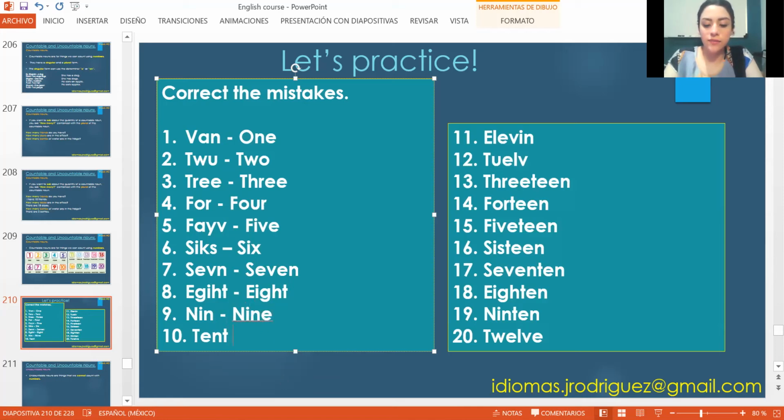Okay, next. Number 10. Not tent. 10. Okay, tent is like una casa de campaña, and 10 is the number. Tent, casa de campaña, 10, the number. Next. I have 11.